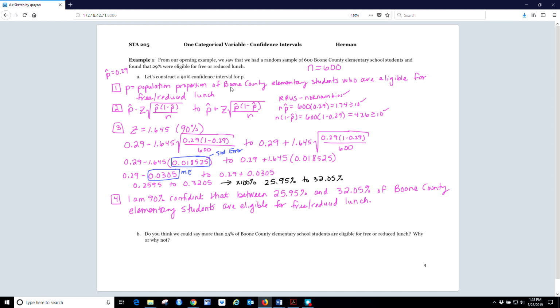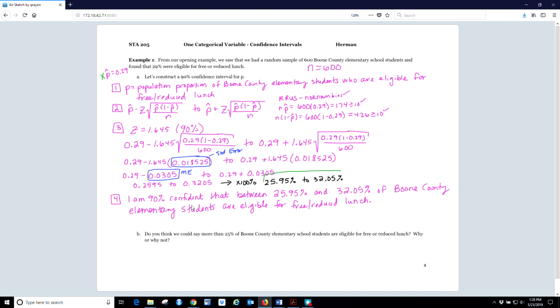I don't want to just look at p-hat. P-hat was 29%, but that was only from 600 students. And I'm trying to make a decision here about all of the Boone County students. So I don't really want to just look at p-hat to determine that. What I can look at now is actually my interval.